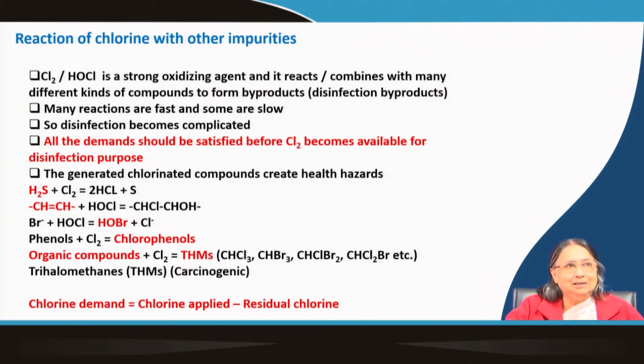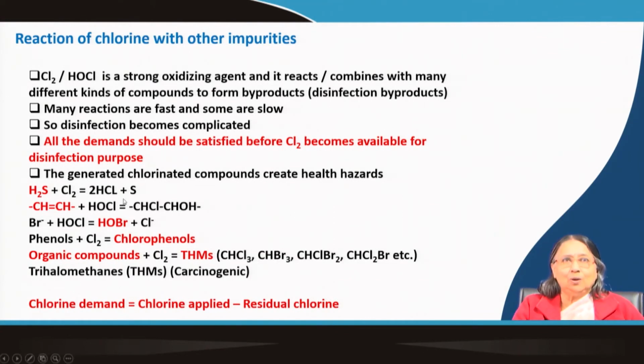So, this is the demand. Unless the demand is met, we will not get the free chlorine to kill the bacteria. So, those compounds' demand should be met first, and after that we will get the chlorine for disinfection.